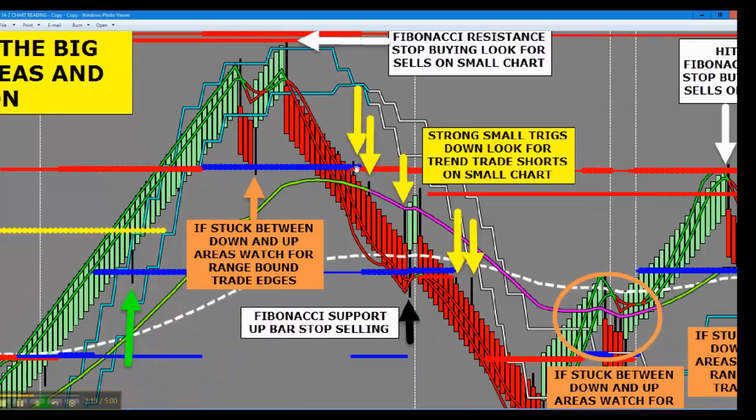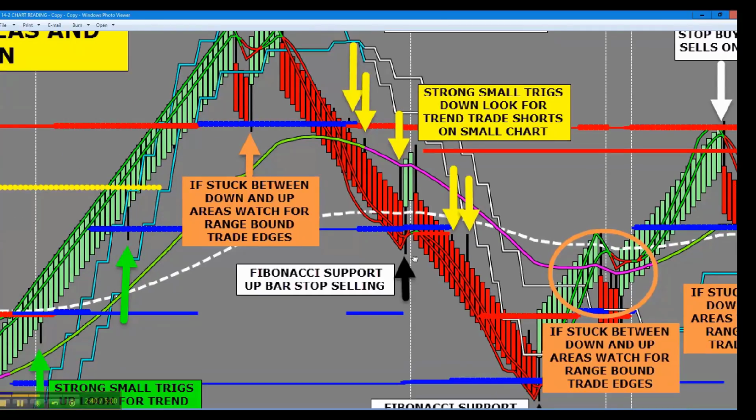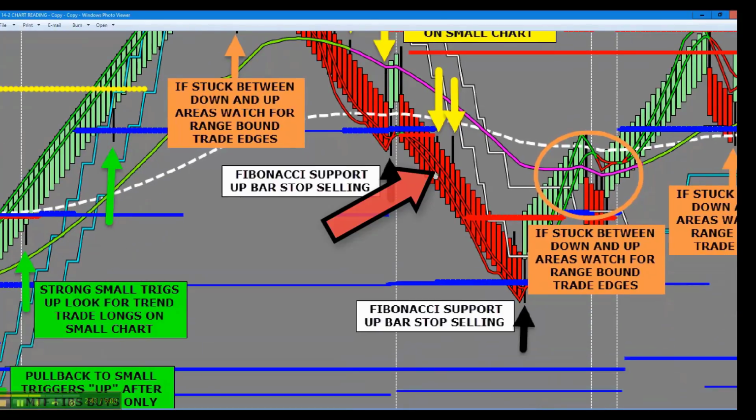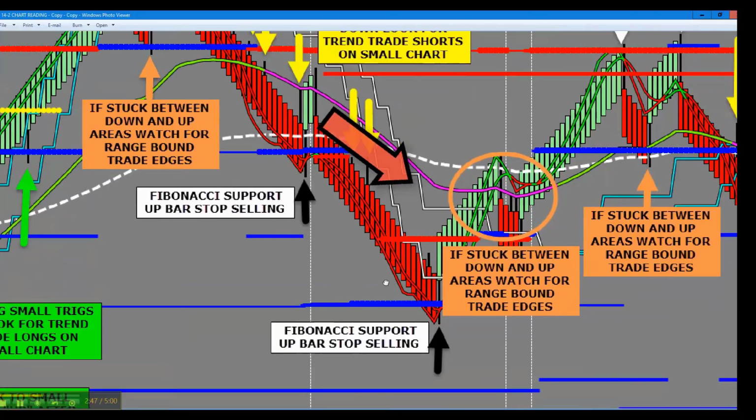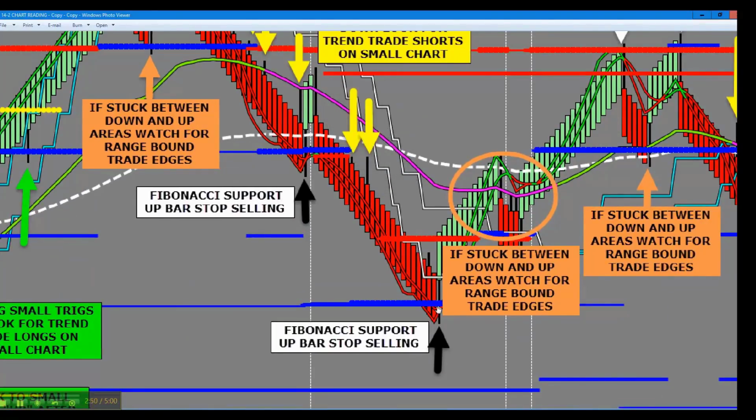You're going to wait for the triggers to break down, be strong below areas, and then you're going to sell the pullbacks with trend trade shorts on your little chart. So you're going to do trend trade short, maybe one more trend trade short, and then you're going to stop because you hit a fib. After your small triggers break through, you're going to do trend trade short again until you get to multiple fibs.